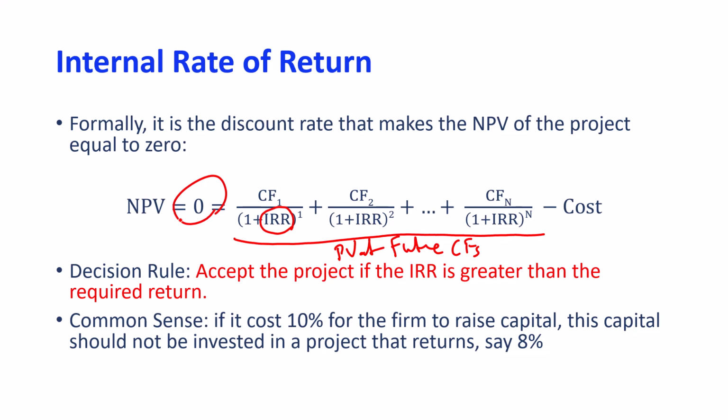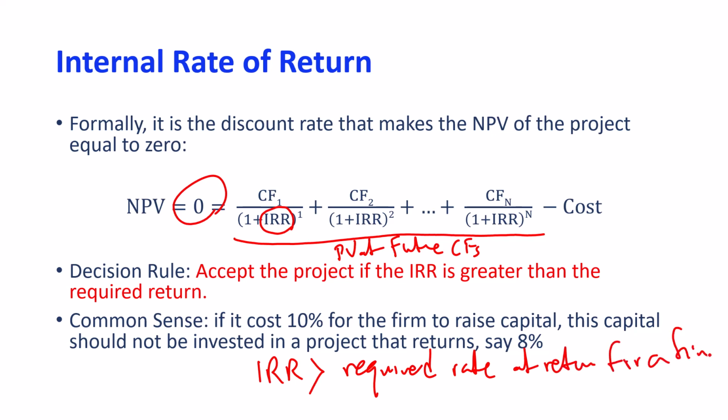So the decision rule here is that we accept a project if the IRR is greater than the required rate of return for a firm. And it's common sense. If it costs you 8% to raise money for your firm, you shouldn't invest that money in a project that returns less than 8%.